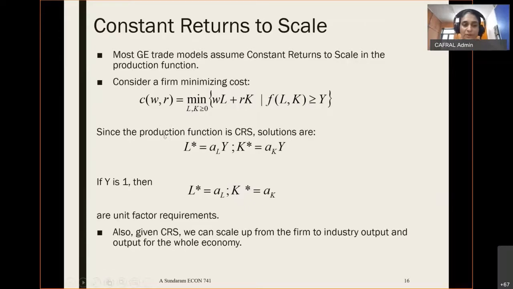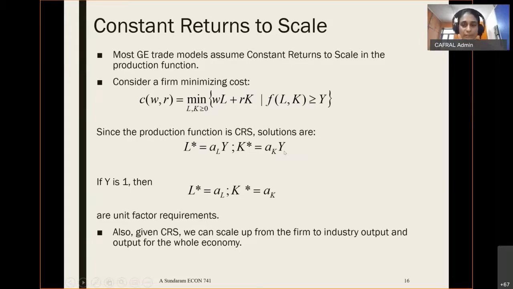Now, because the production function is constant returns to scale, the solutions that you're going to get for the optimal labor and capital use, which is L star and K star, is simply going to be a proportion of output. Okay? So that's what we're going to denote here as L star. The optimal labor that the firm wants to use is going to be some proportion AL of total output Y. Similarly, optimal capital use is some proportion AK of output Y.